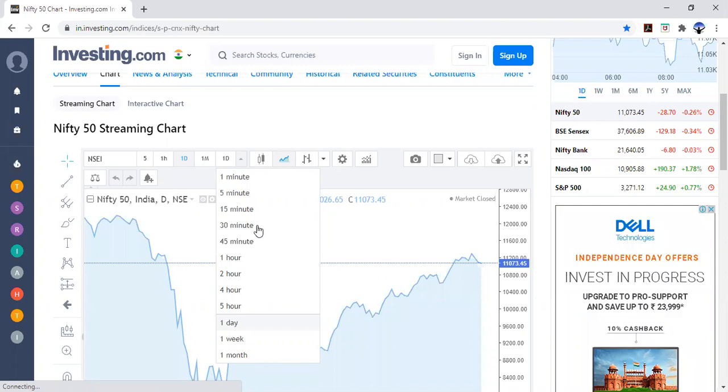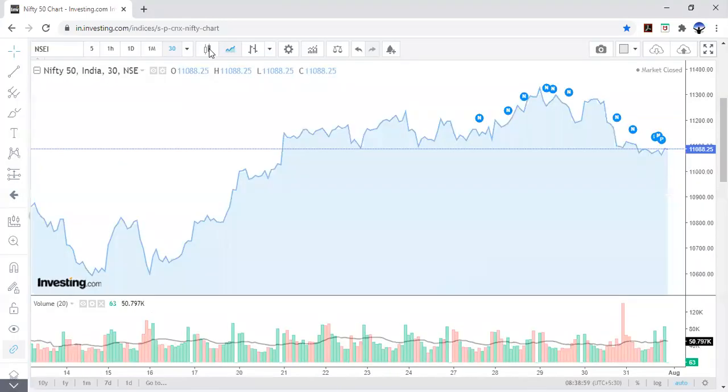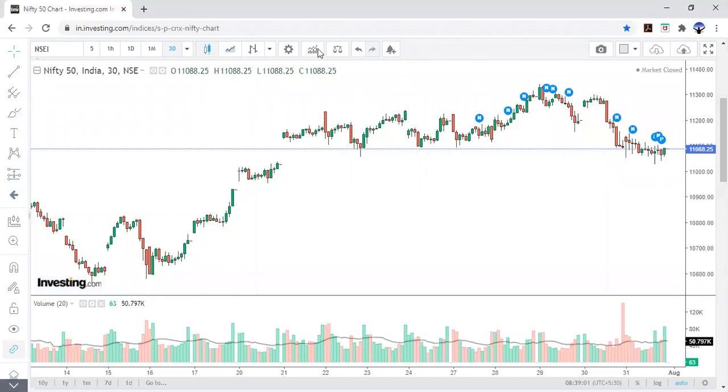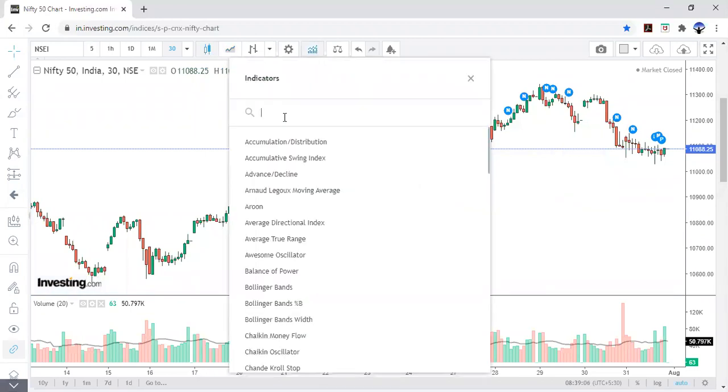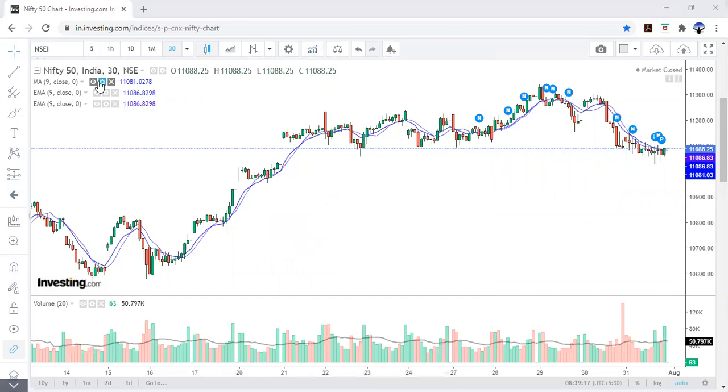I have taken the 30-minute chart to see the weekly trend. Now, same as the moving average, we are entering the triple moving average, and as usual we are changing this value.